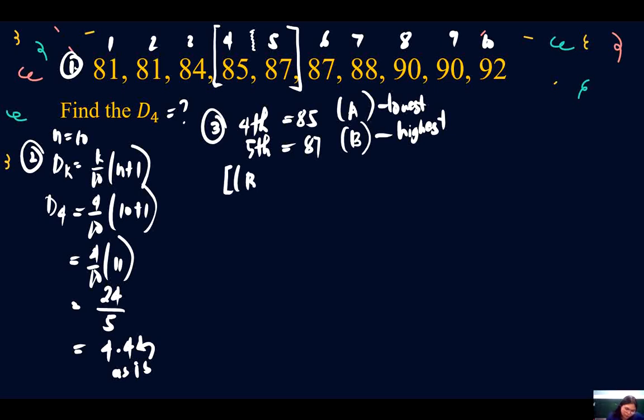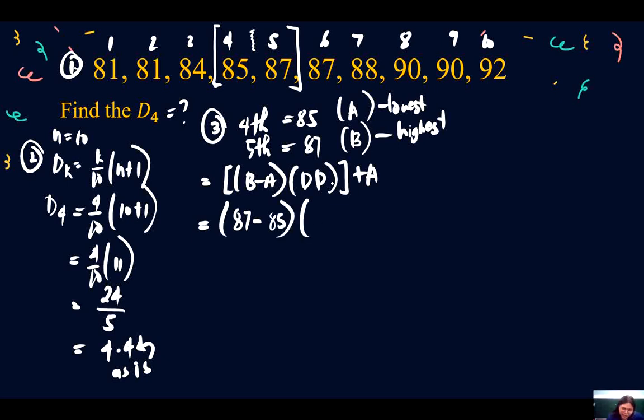So we have B minus A, quantity dP, which is the decimal point, plus the lower value. Our B is 87, minus the lowest value, which is 85, multiply sa dP. Our decimal point is 4.4, so 0.4.